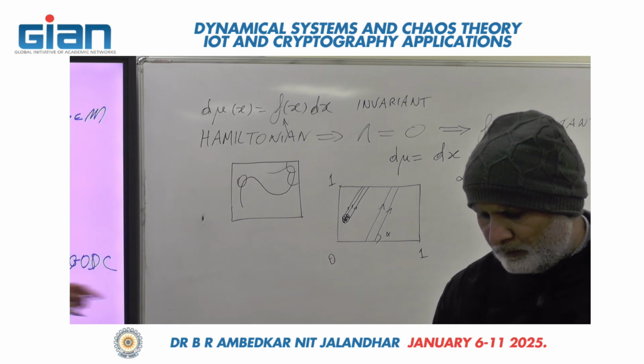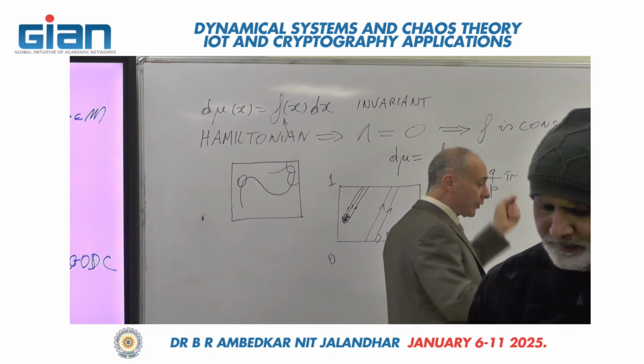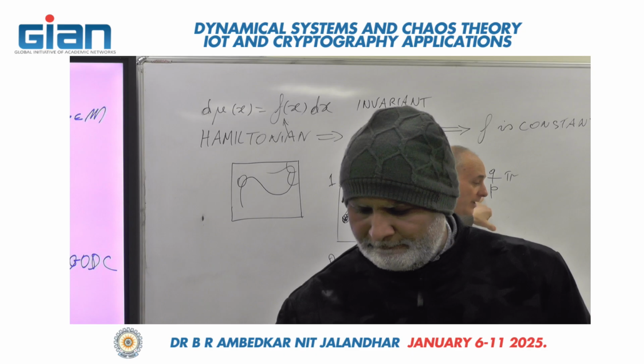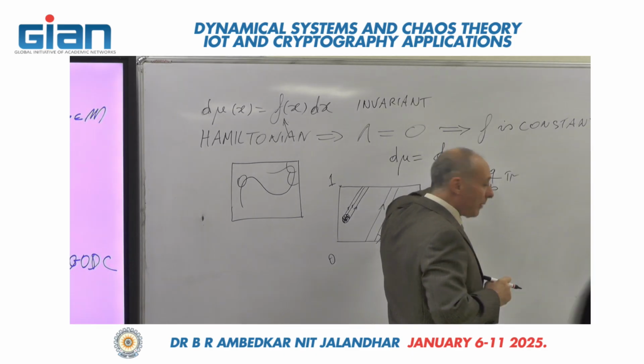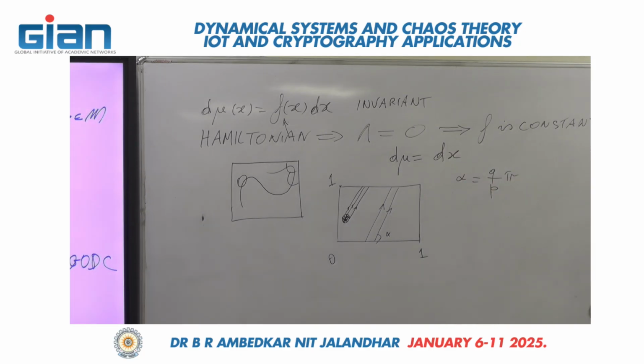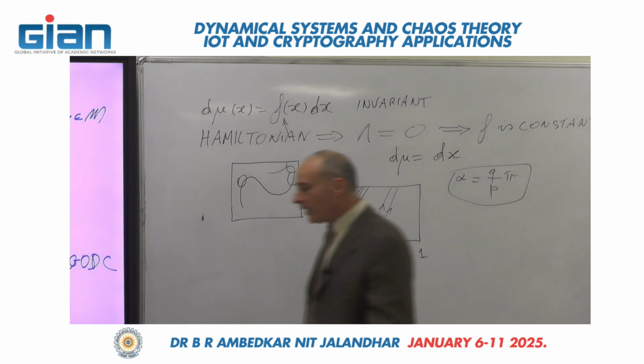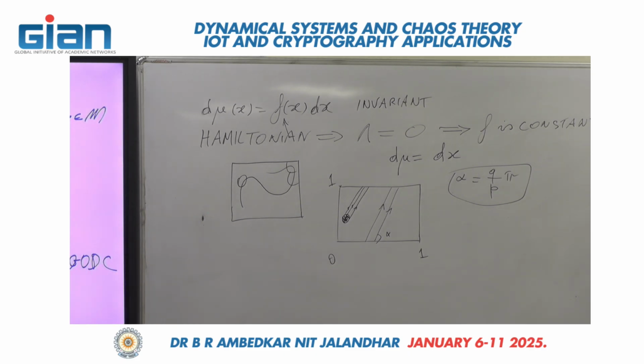Because you go a few times around one direction and you close in that direction, maybe you have not closed in the other one, but there is a common multiple of these two that takes you back in both directions, both in x and y. And so you come back and you close your trajectory. You are on a periodic orbit. So if alpha is like this, you are not ergodic, because a trajectory doesn't go everywhere. It goes only along the points of the periodic orbit.